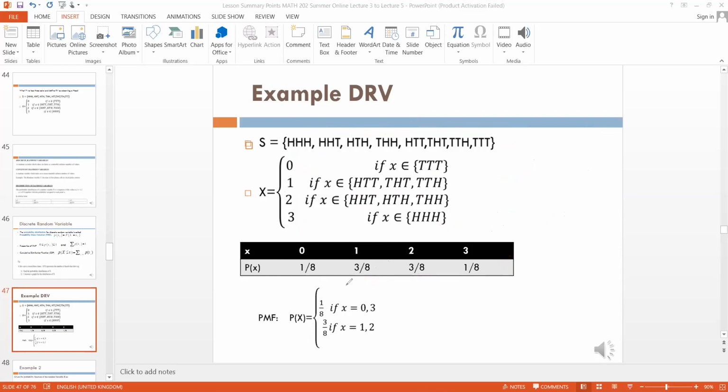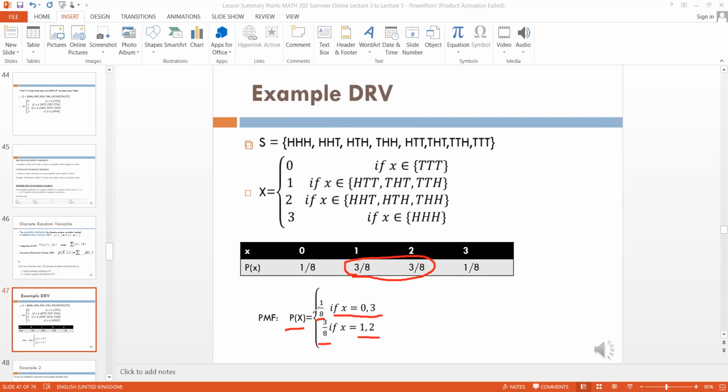But we can also write this distribution in a function form, like we have below. How do we do that? We see the probabilities at the points 1 and 2 are the same, and the probabilities at the points 0 and 3 are also the same. So we can combine them, just like a piecewise function. The probability is 1/8 if x is 0 or 3, and the probability is 3/8 if x is 1 or 2.